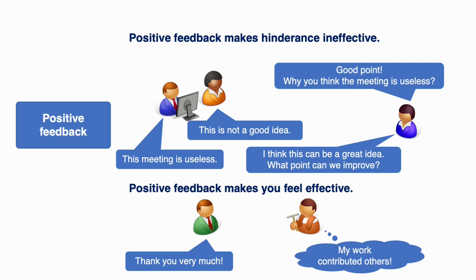For example, good point, or I think this can be a great idea, something like this. And also, positive feedback enhances your efficacy. If you are told, for example, thank you very much, your work is very helpful for me, your contribution is acknowledged and regarded, and you feel you're more competent.